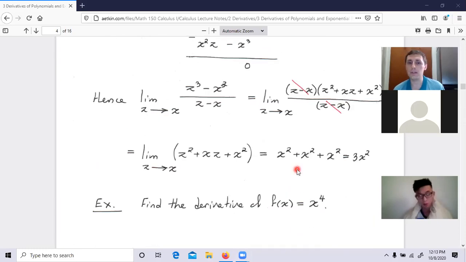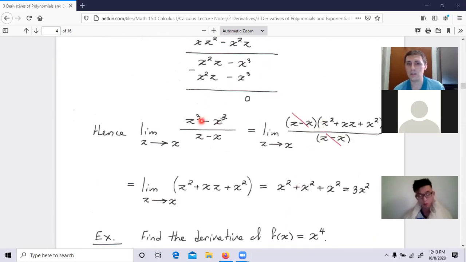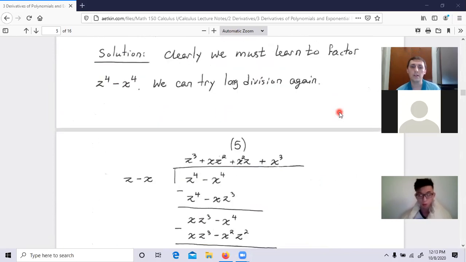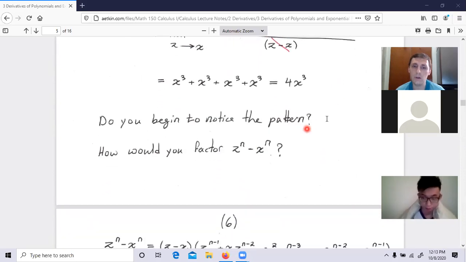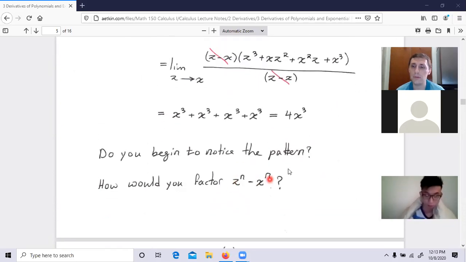And that was the situation in z cubed minus x cubed. We have just z raised to a power 1 less than this, and z gives all its powers to x. So that gives you a hint on what's the factorization of z to the n minus x to the n.